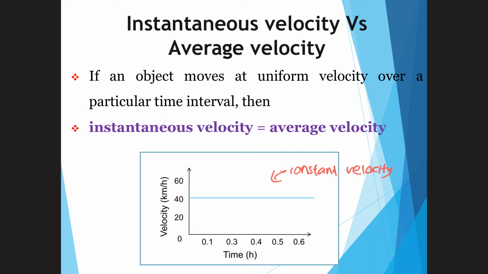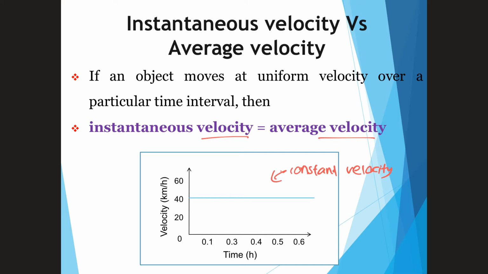When you have a constant velocity, your instantaneous velocity will be equal to your average velocity, which means that instantaneous velocity will be equal to your instantaneous speed. That's why we didn't discuss a lot about instantaneous speed, because it's the same concept as instantaneous velocity.